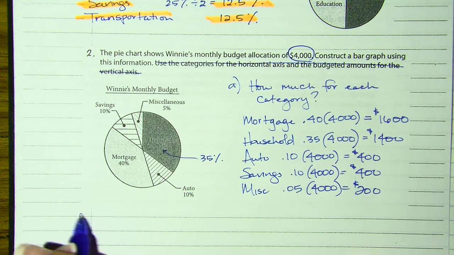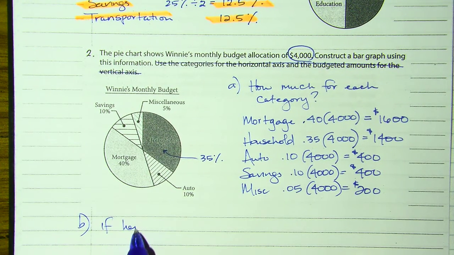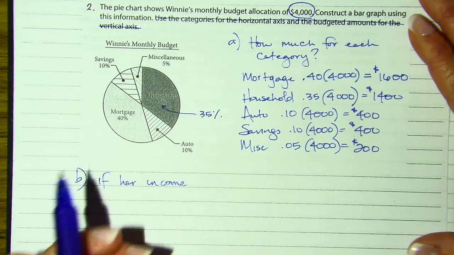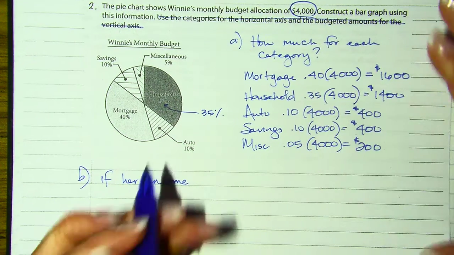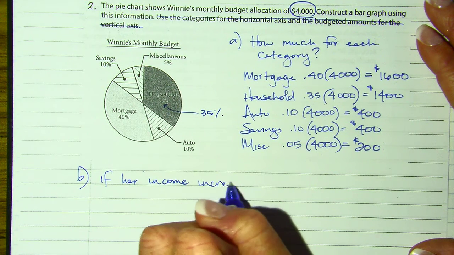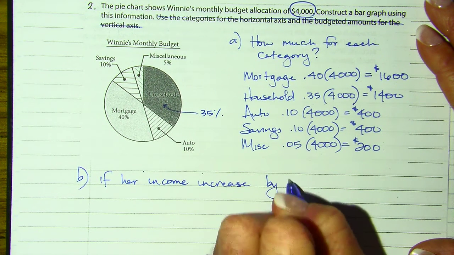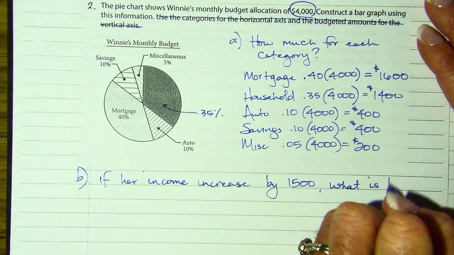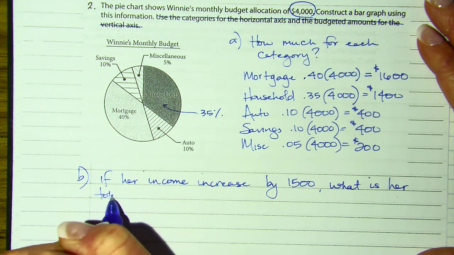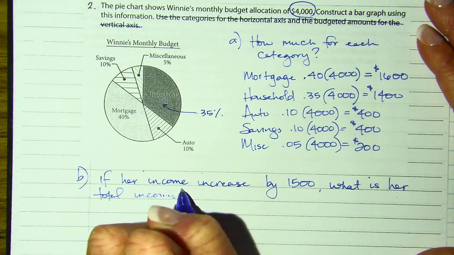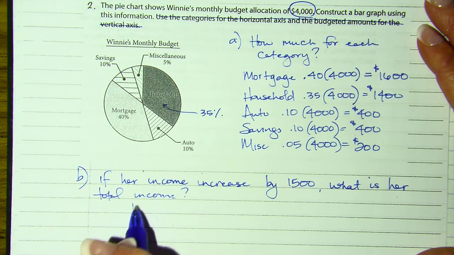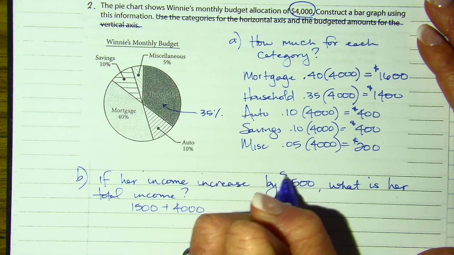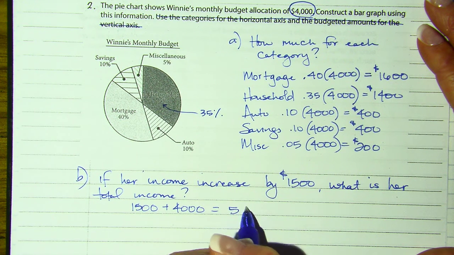Okay, part B. If her income increases by 1,500, what is her total income? Okay, so 1,500 plus 4,000, sorry, there should be a dollar sign there, equals 5,500.